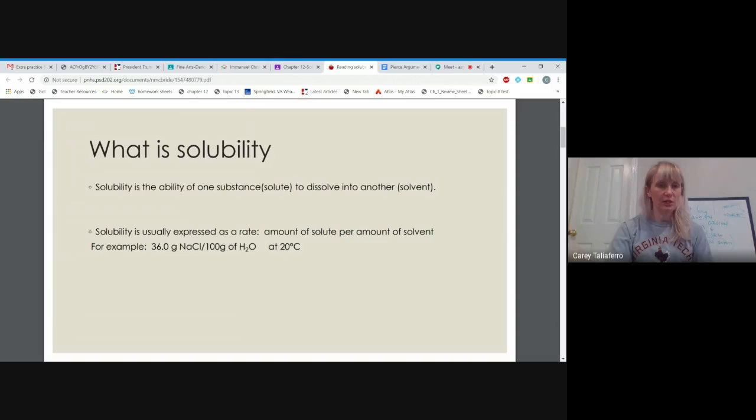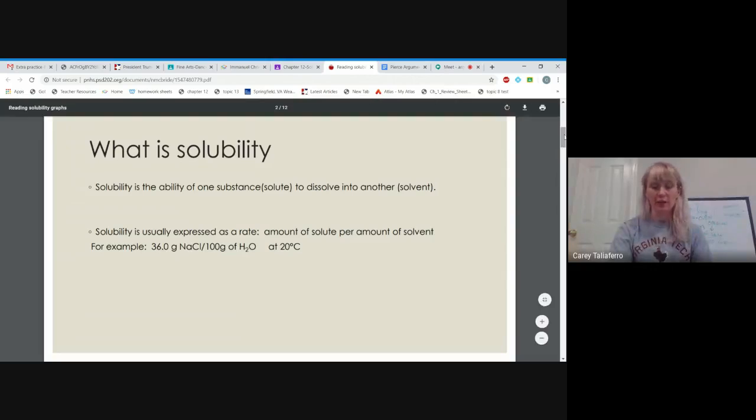And what scientists do is they take a look at how well substances dissolve. So in this case, 36 grams of sodium chloride per 100 grams of water, and then at 20 degrees. And 20 degrees is just kind of the acceptable room temperature in degrees Celsius, as opposed to, close to, 68 or 70 degrees Fahrenheit. Okay.